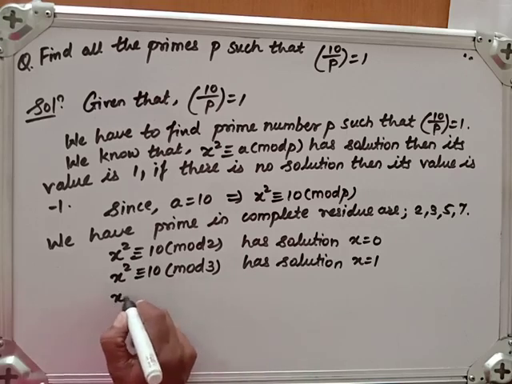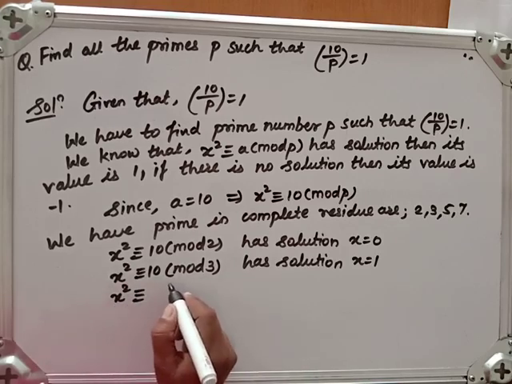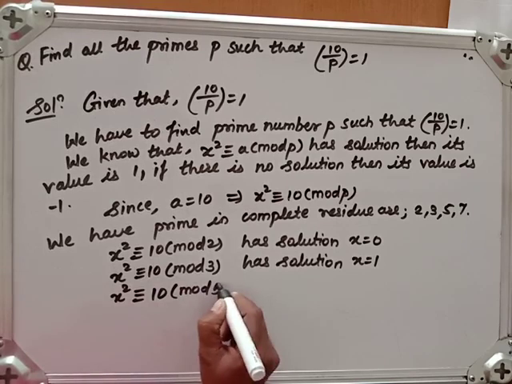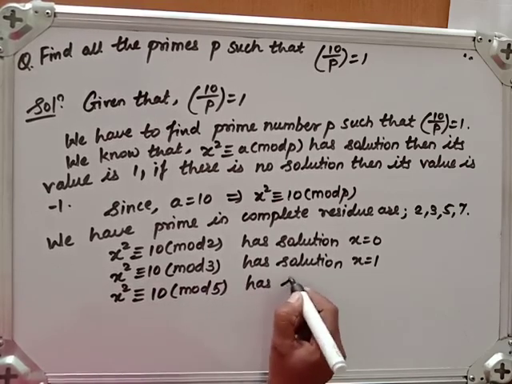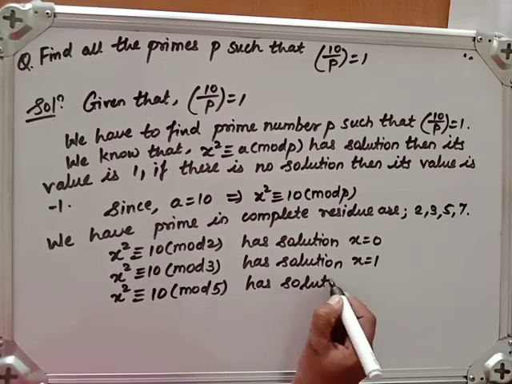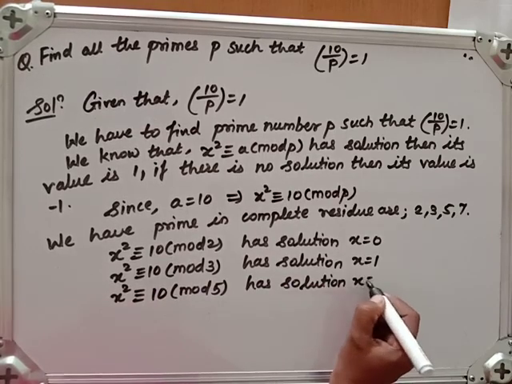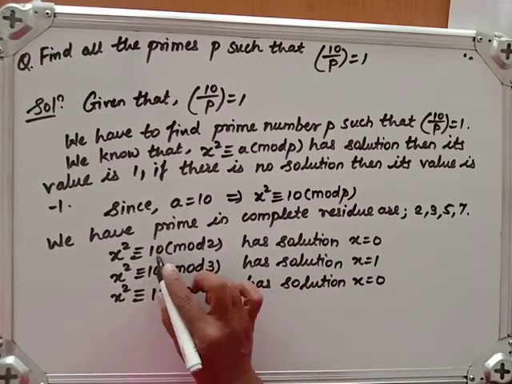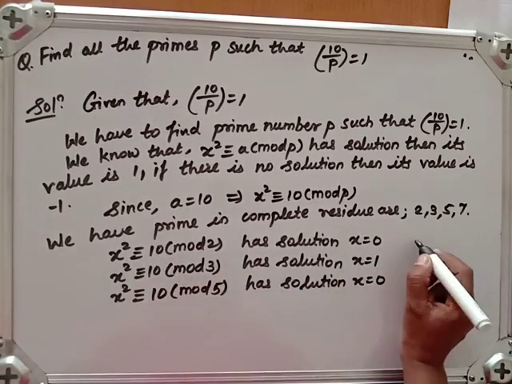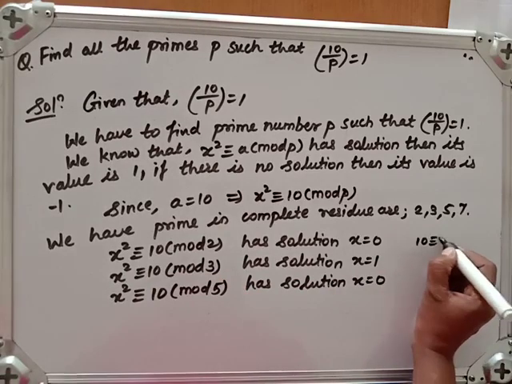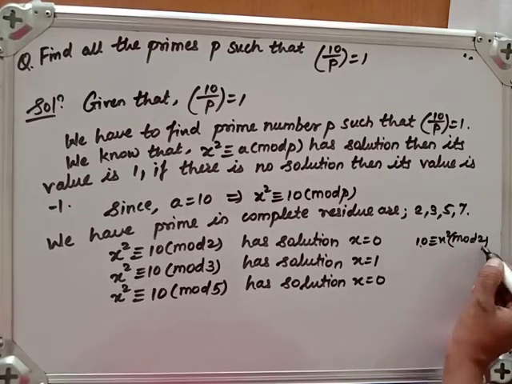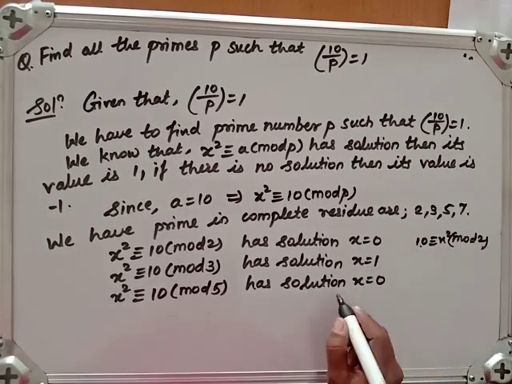Then x square congruent to 10 modulo 5 has the solution x equal to 0. Why is this? Look at it carefully. This x square congruent to 10 modulo 2 can be written as 10 congruent to x square modulo 2, and 10 modulo 2 becomes 0, that's why the solution is 0.